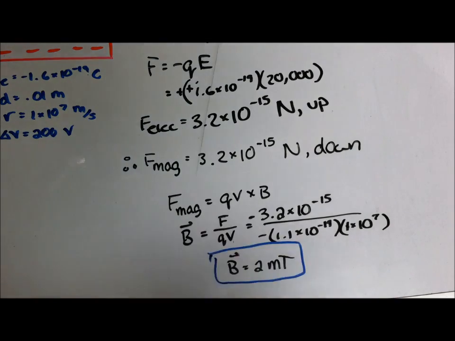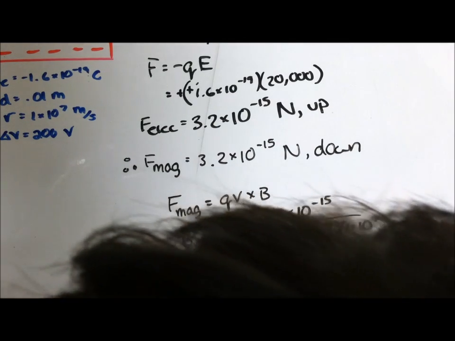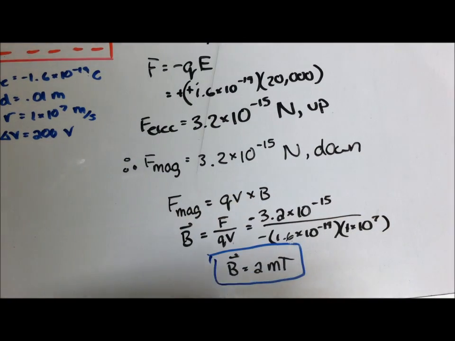It looks like this should be 1.6, not 1.1, times 10 to the negative 19 for that charge of the electron. And when we solve out here, we get that the B field required for the electron to make it through needs to be 2 milliteslas, 2 times 10 to the negative 3 teslas, so that it can make it through without being deflected. And that is it for chapter 33, number 58. Thank you.